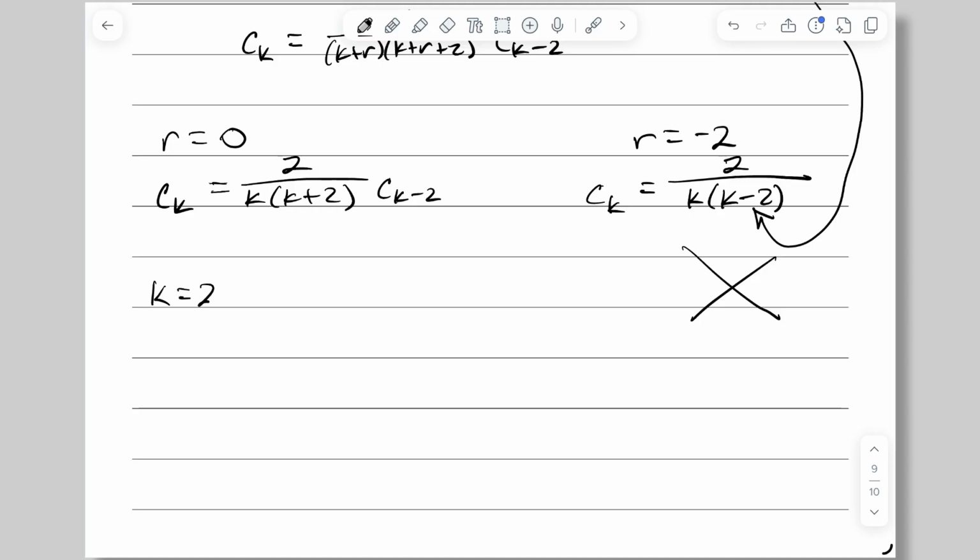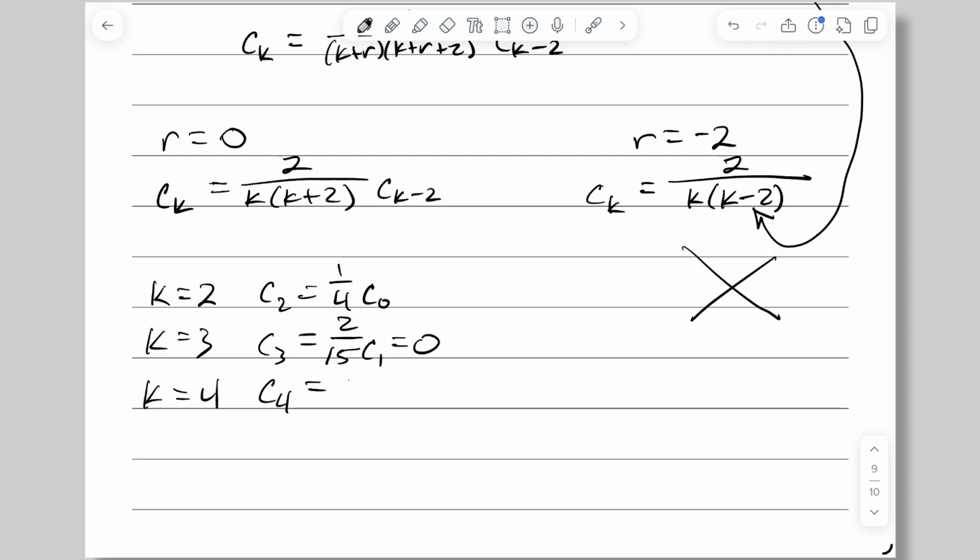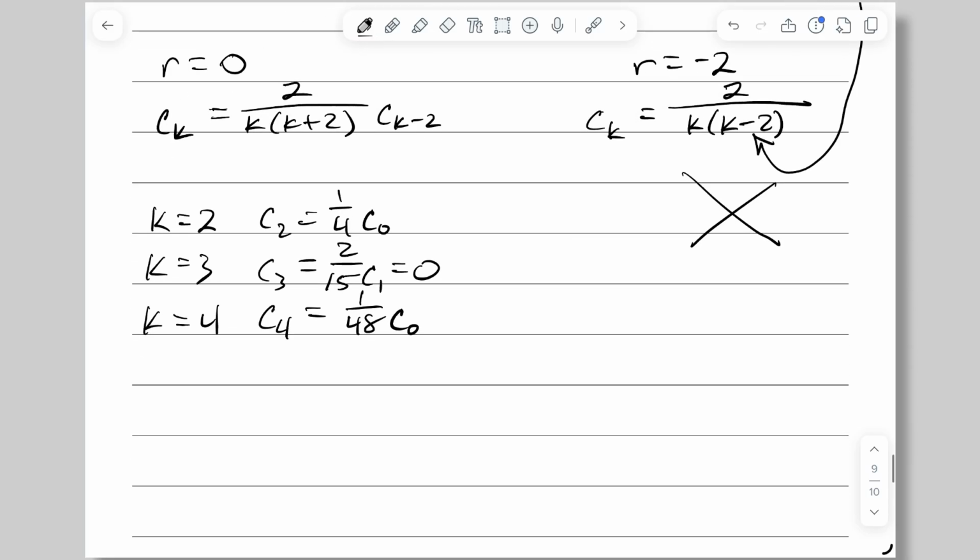Doing so will give us, for k equals 2, c sub 2 is equal to 1/4 c sub 0, and for k equals 3, c sub 3 is equal to 2/15 c1, but remember c1 is 0, so that thing equals 0, and we need now k equals 4. That's going to give us c4 is equal to 1/48 c sub 0 after we do our substituting.